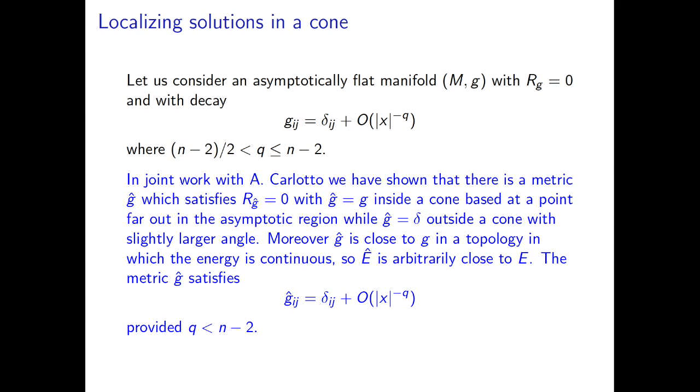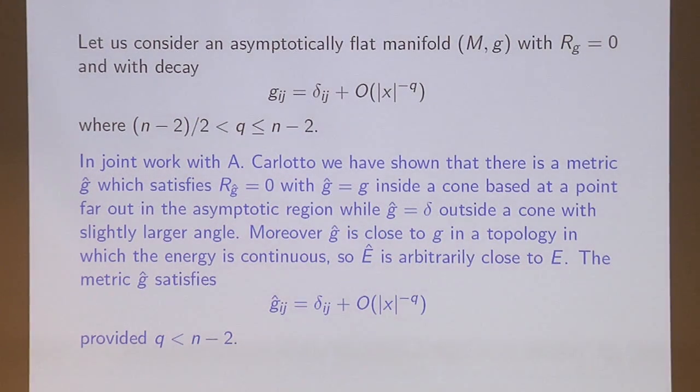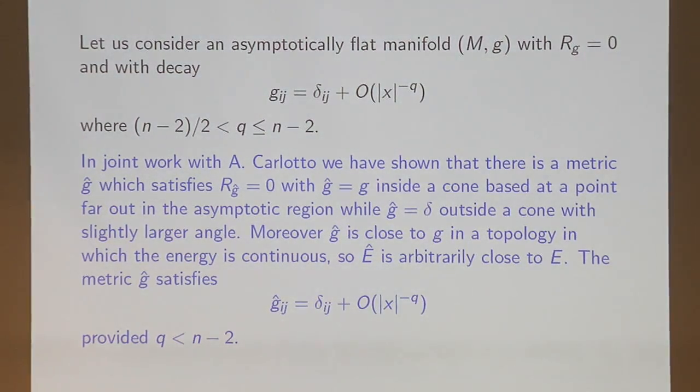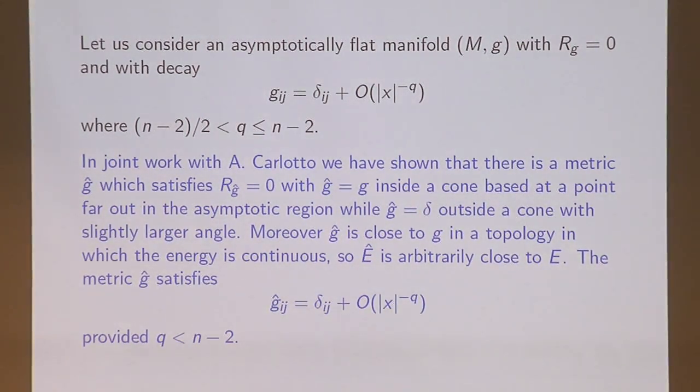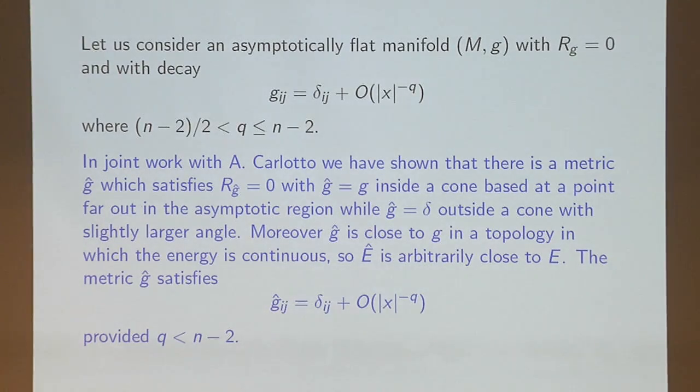This is a theorem with Alessandro Carlotto. We showed that if you start with a solution which decays like x to the minus q, where q is less than or equal to n minus 2 and bigger than (n minus 2) over 2, so the energy is well defined, then we showed that you can localize the solution in a cone.